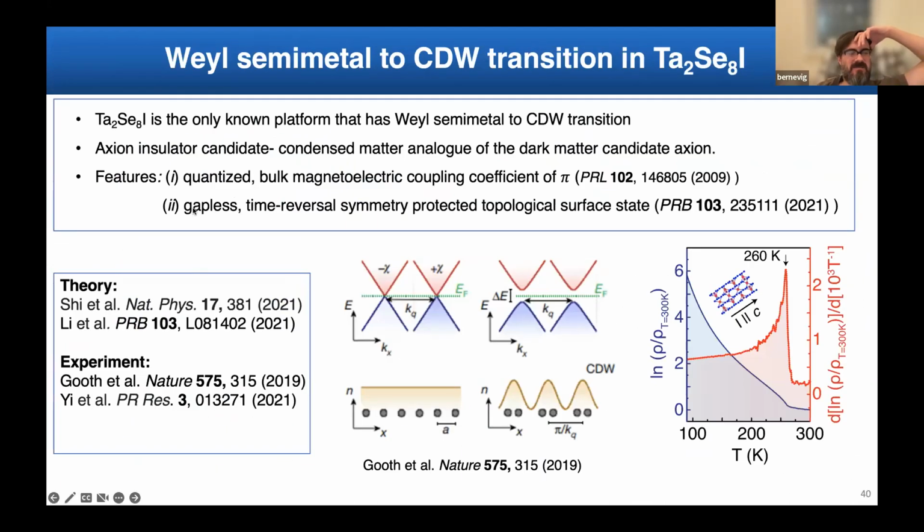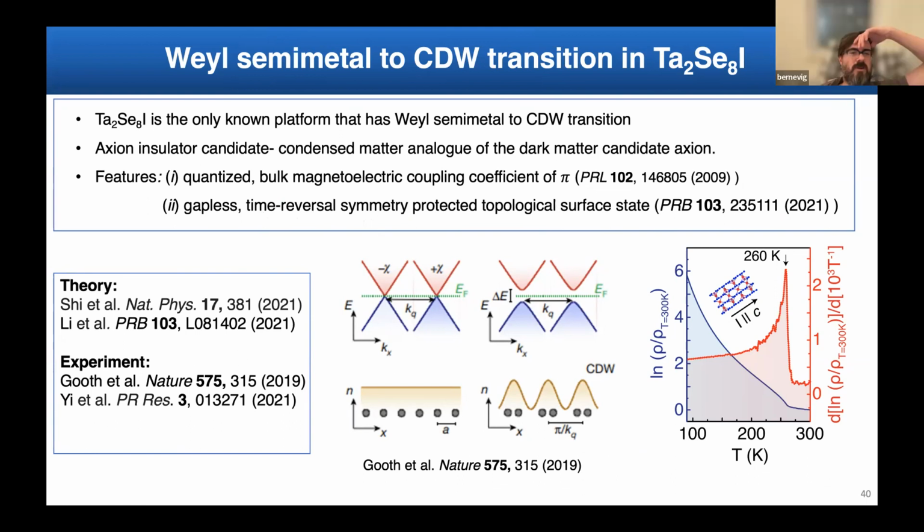Okay. Yes. So there is a paper that suggests that there is a time reversal symmetry protected topological surface state in an axion insulator. So given that that paper is correct, our data would be inconsistent. We do not see any gapless surface state in this material.